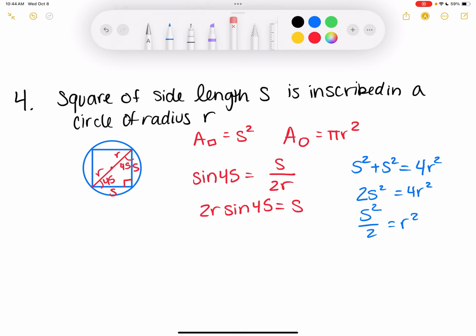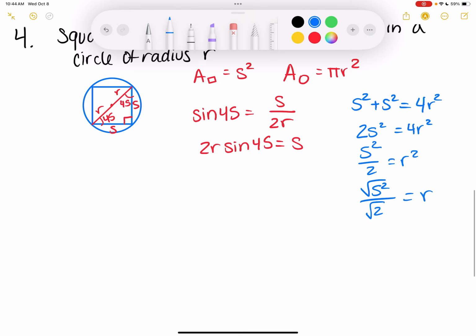So this would be the square root of s squared over the square root of 2, which would just be s. And obviously I can't have a negative radius, so I'm ignoring the plus or minus part. So r equals s over the square root of 2, or s root 2 over 2, which is the sine of 45 is root 2 over 2. So 2r root 2 over 2.